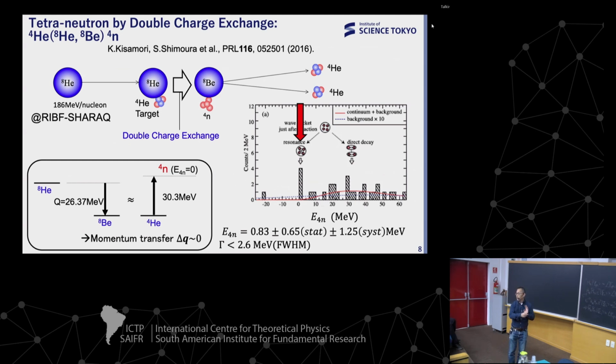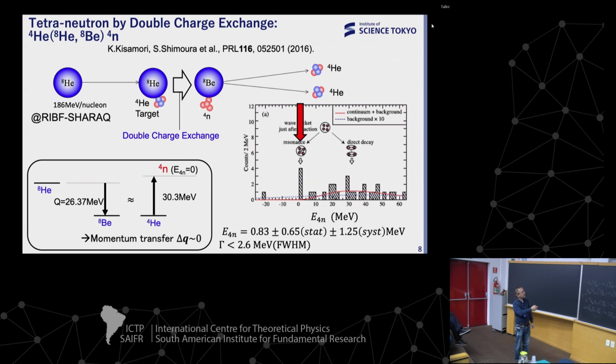There is a very interesting trick behind this, namely to produce a tetraneutron system at rest, right? What they did is like this. From helium-8 to beryllium-8, the Q value is 26.37 MeV. This means that it emits some energy, right?